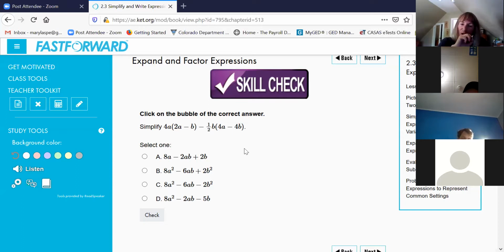So we're going to take negative 1/2 b and multiply that by 4a. Negative 1/2 times 4 is going to be 2. So we have negative 2, and then we still have a times b. Oh, what a mess. And then we're going to subtract. Negative 1/2 times 4 is 2. Negative 2. And then b squared.